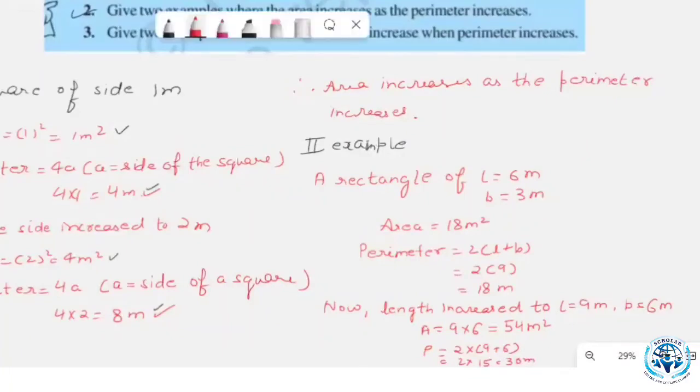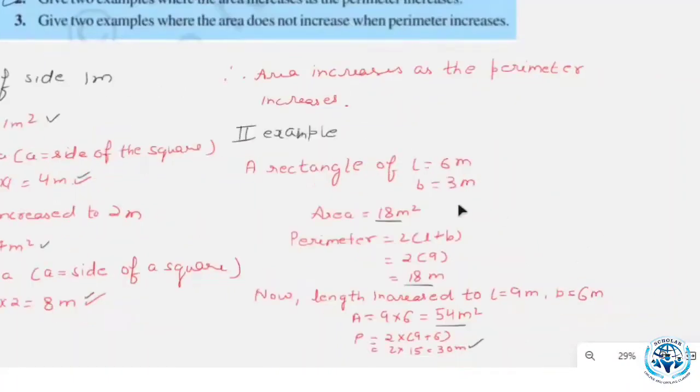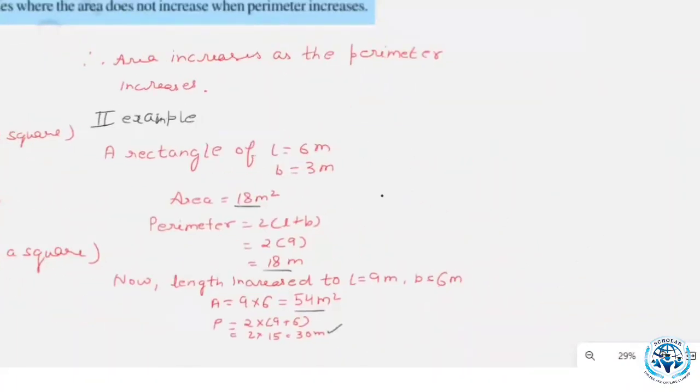Now you can easily see that the area increases as the perimeter increases. Understood? These were the two examples. Perimeter increased from 18 meter to 30 meter. Area increased from 18 to 54 meter square.